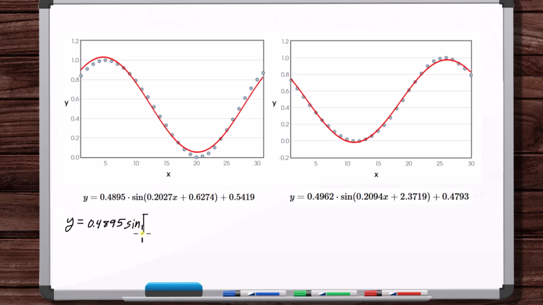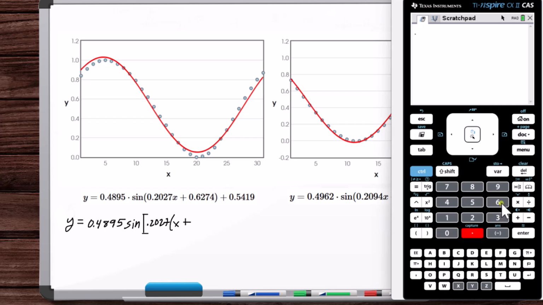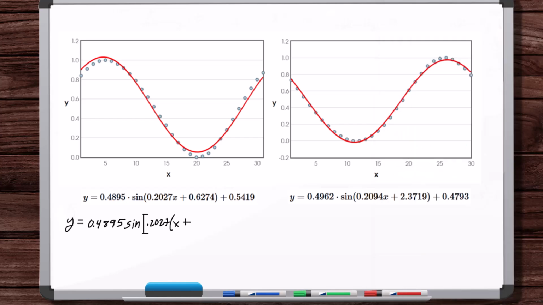sine of, let's factor out a 0.2027. So x plus 0.6274 over 0.2027, which is 3.095, plus 0.5419.